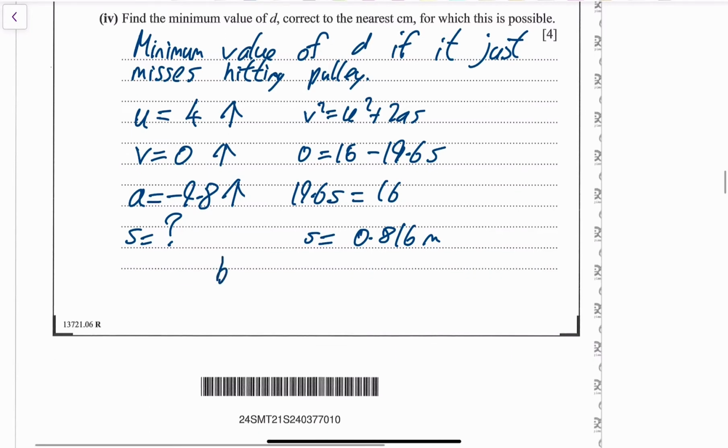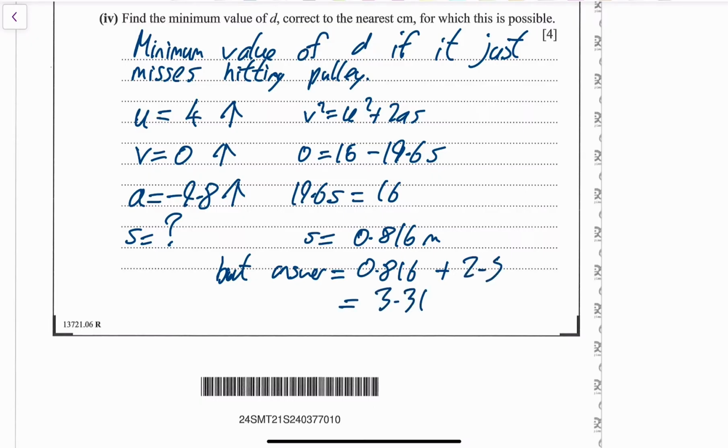But your answer then is going to be 0.816 plus 2.5, which gave me 3.316 meters. 3 sig figs, wasn't it? So it's 3.32 meters to 3 sig figs.